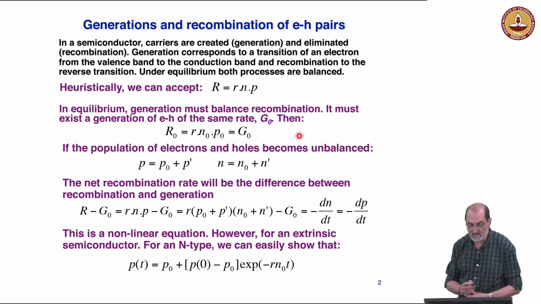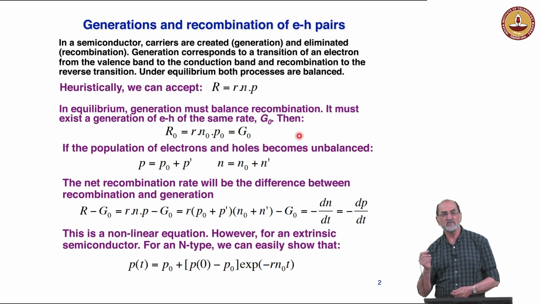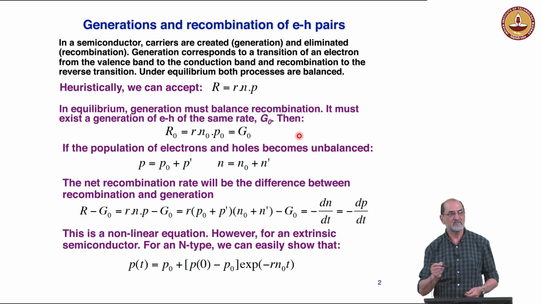Well, suppose that the population of electrons becomes unbalanced. How can that be unbalanced? For example, you shoot a laser, light on your semiconductor. You produce a lot of electron-hole pairs which are above the equilibrium. Somehow the system has to recover itself and find its equilibrium situation.